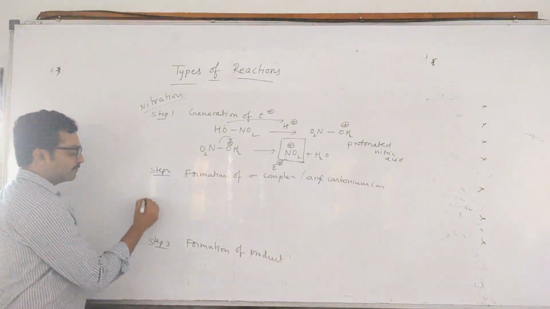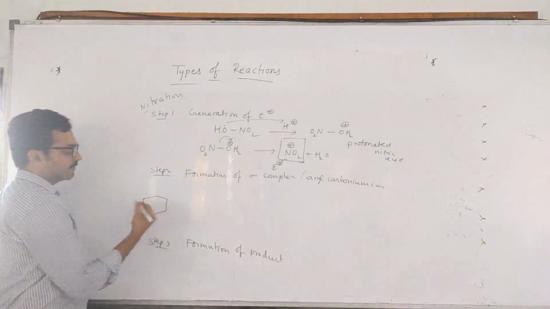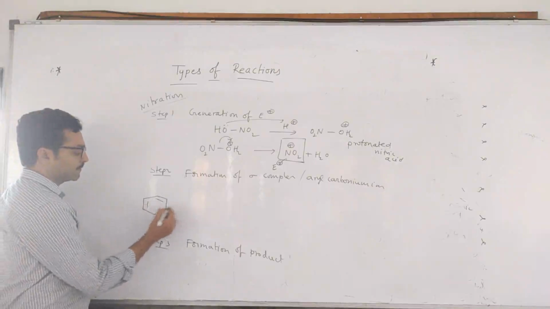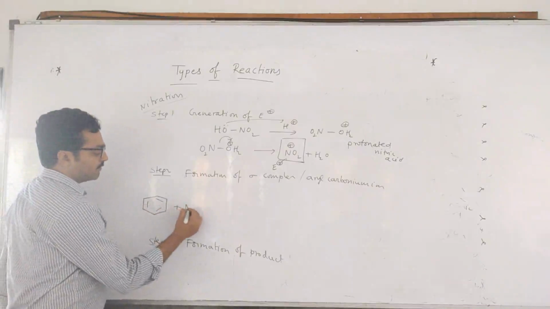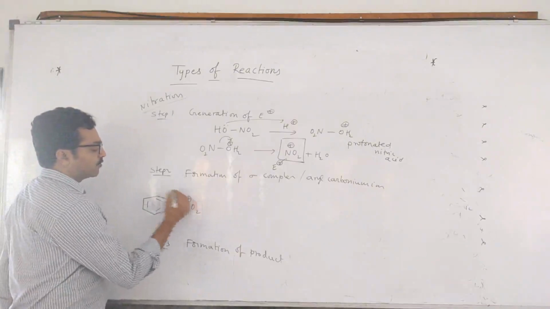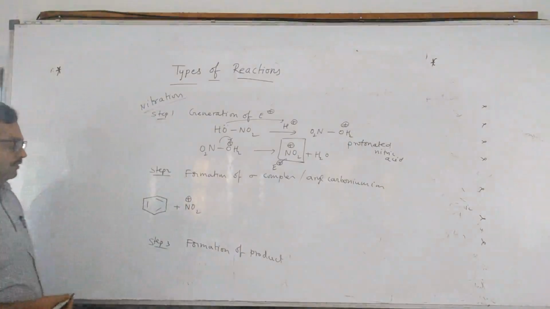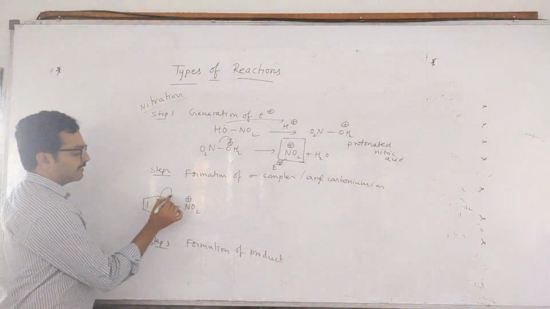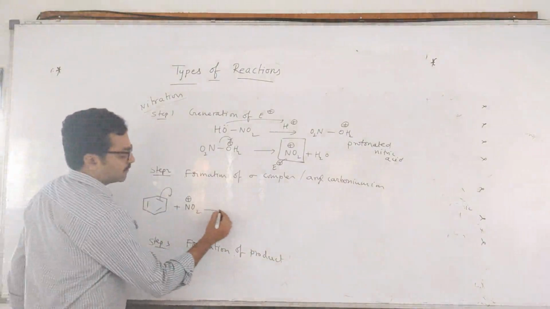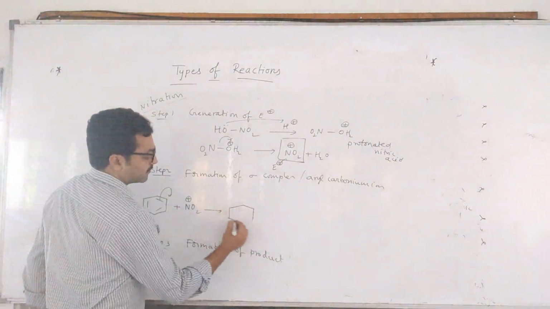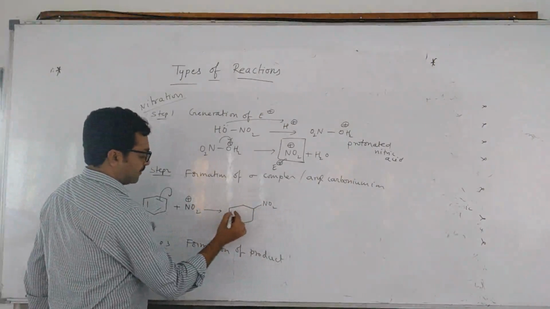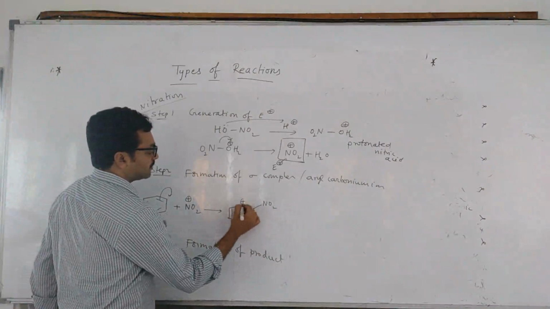Now second. So after generating the electrophile NO2 plus, how will you proceed? This bond will migrate like this, the electrophilic part. So on the benzene ring you will get NO2 here, and the remaining bonds will be like that, but with a plus charge.